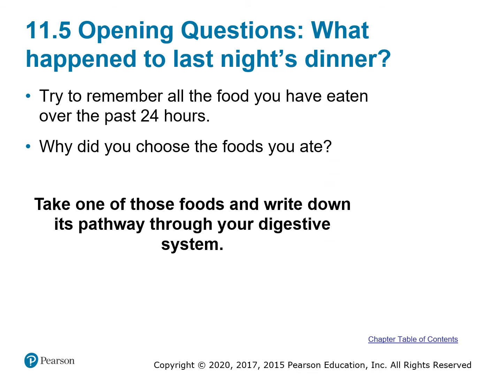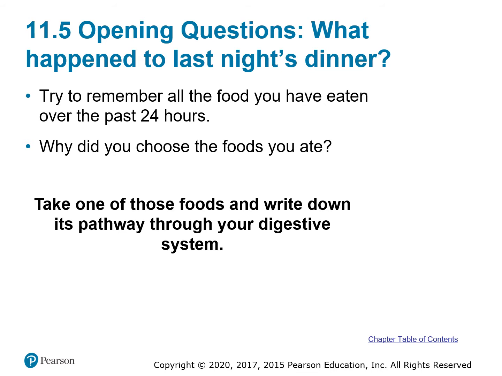So just a little bit of discussion about food. Remember, our whole intention with food is to provide chemical potential energy that can be broken down to make ATP, right, via cellular respiration. But of course, we also love food, right?